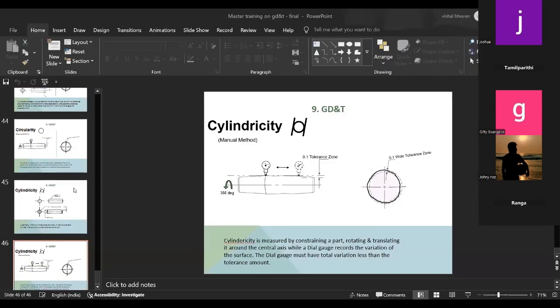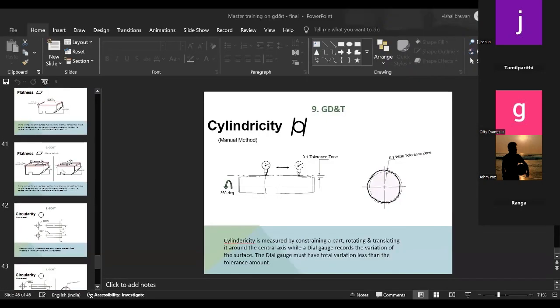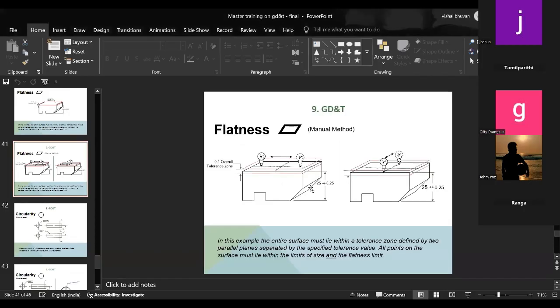So the manual method will be a dial gauge. Here in this image, you can see, with this 3 jig, we will level the plane. So the surface plane will be at level. After that, we will check the reading with the dial.